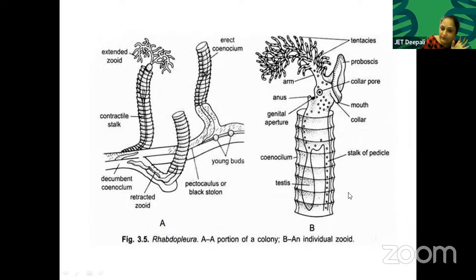If you are talking about a single zooid, then it has a proboscis, a polar pore, a mouth, and this is the anus. Mouth and anus are present at the same end. And these are the testes, stalk or pedicel, genital aperture. Arms, tentacles, they have tentacles.